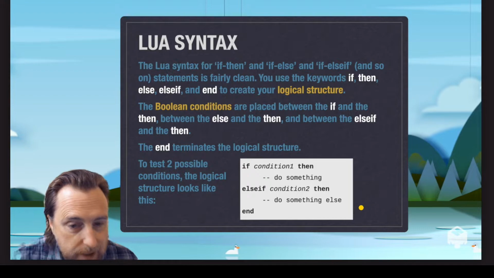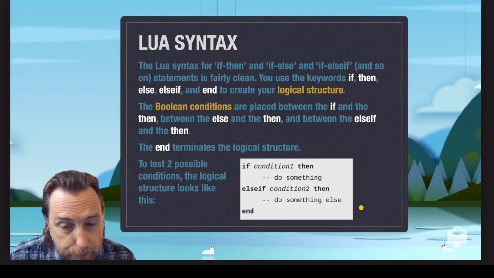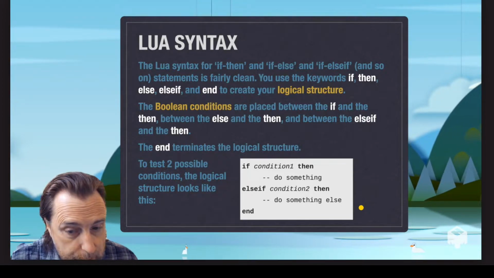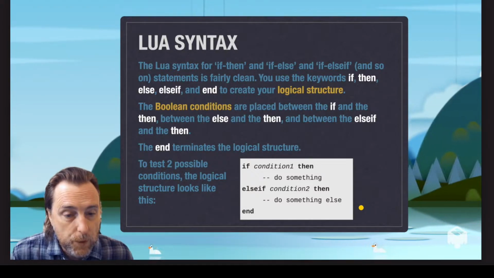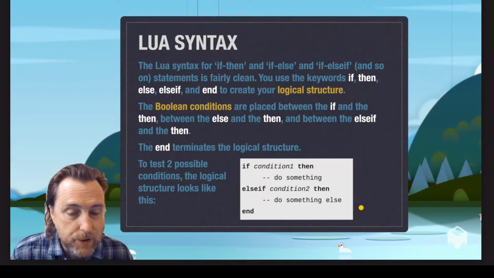So this structure is an if, else if statement. We would write it in the form of if condition 1, then do something for condition 1. Else if condition 2, then you do something for condition 2. This structure works great if you have a situation where only one of these two conditions can be true.